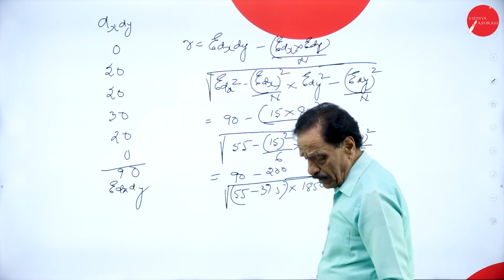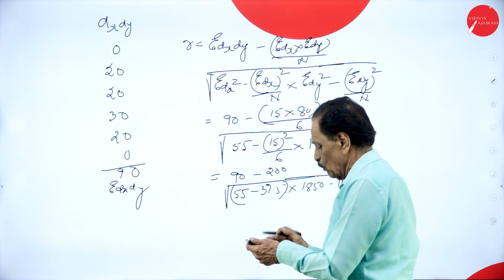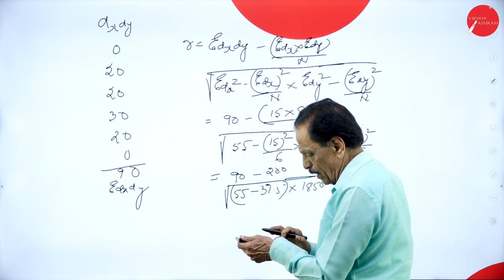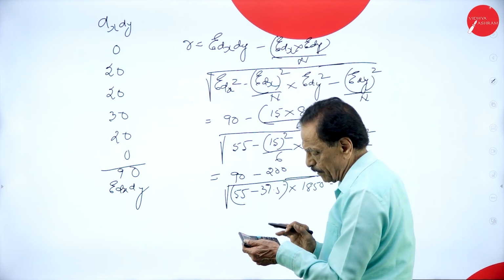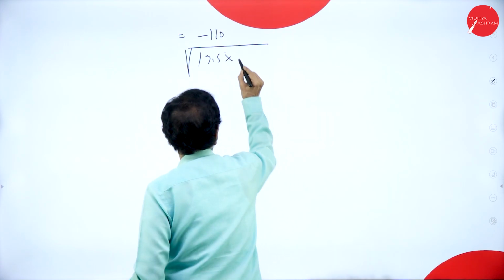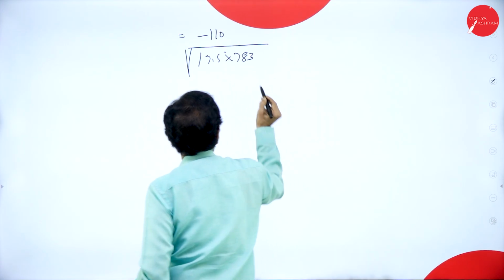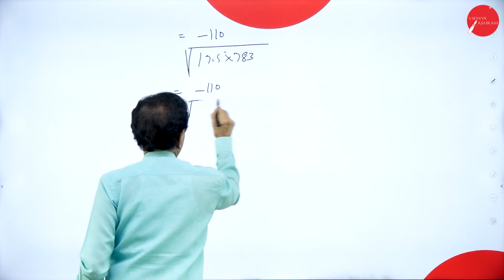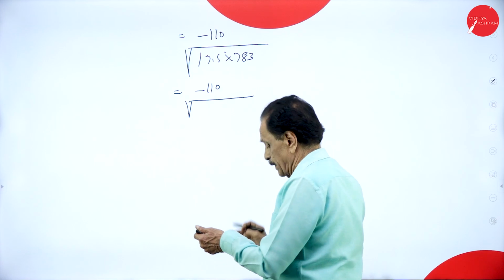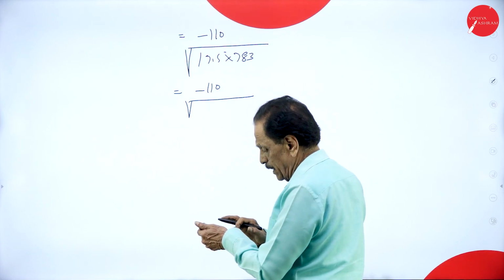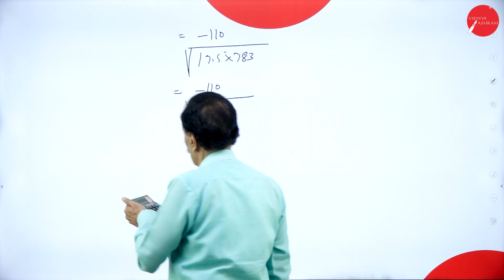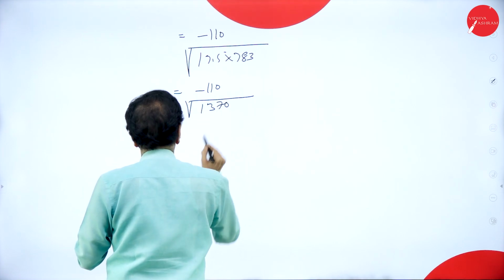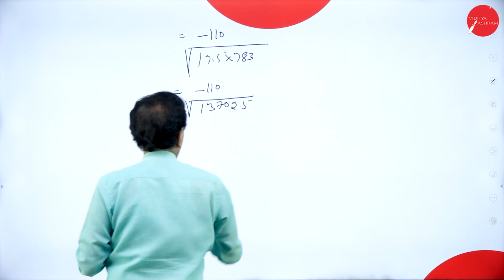Into 1850 minus 1067, 783, is equal to minus 110 divided by root of 783 into 17.5, 1370.5.